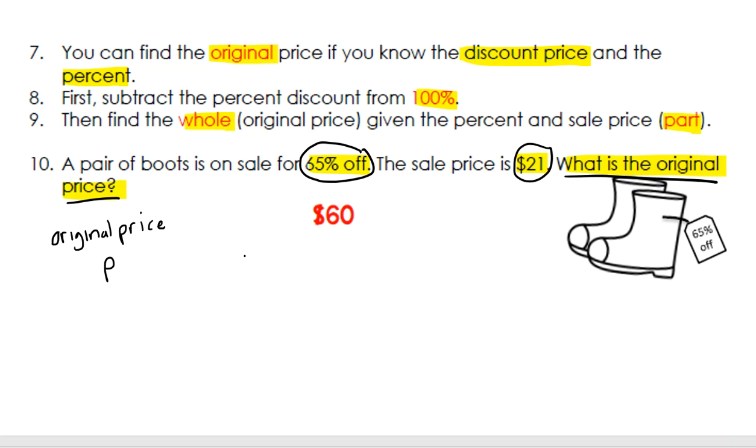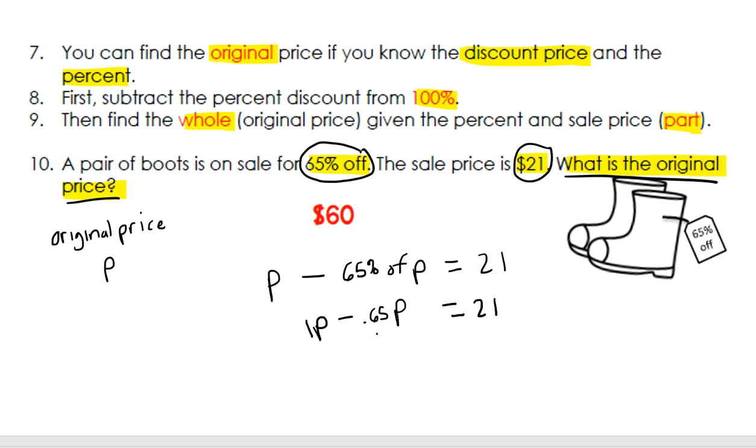Okay, so if we take the original price and we subtract 65% of the original price, that's going to give us $21. So for this part right here, this is going to be 0.65 times P, and now we have P minus 0.65P, and these are like terms.